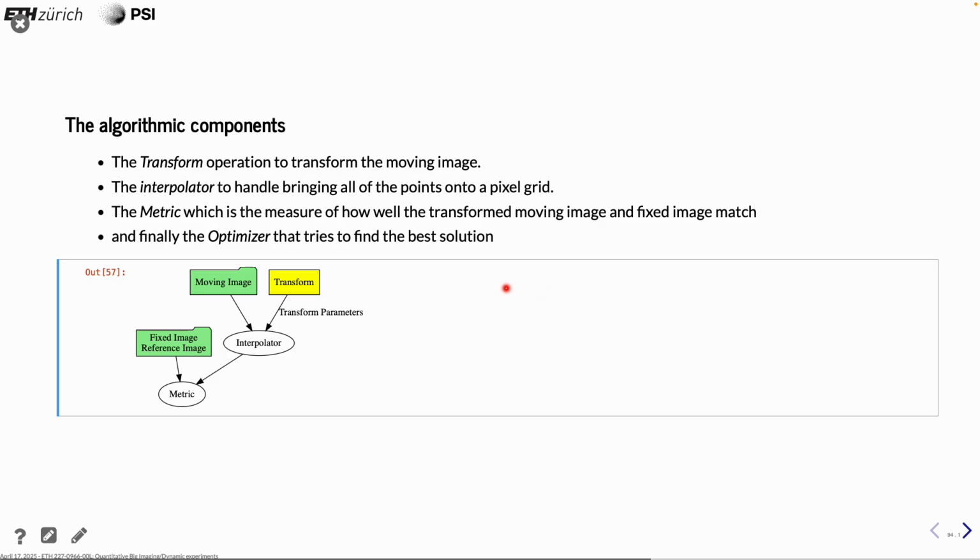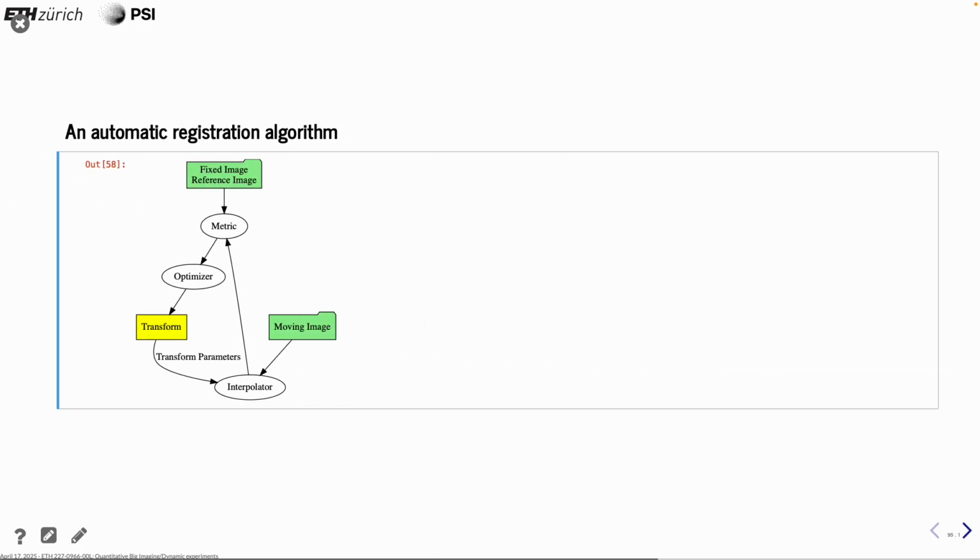What we need is a moving image, a transform, and some kind of interpolator that resamples the image in the new transformed coordinate system, and then you compare the fixed image to what you have done, and that is our feedback, how good the registration is for the moment. This is only one step, so we also need to add an optimizer which actually runs through and optimizes the position of the transform.